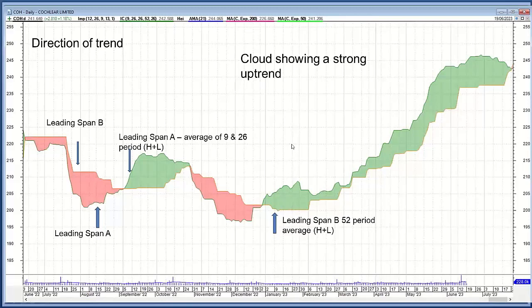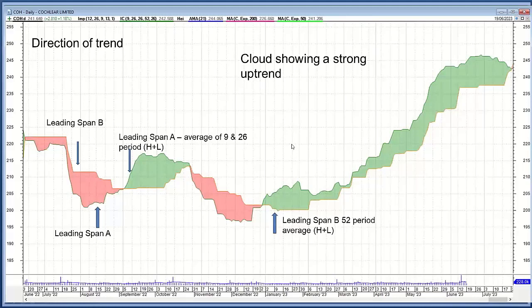The other thing with that is, even without the price on that chart, you've got a pretty good idea of what's happening just looking at the green and red clouds. Absolutely. As Paul said earlier, with Ichimoku, it also tries to tell you what's going to happen into the future.